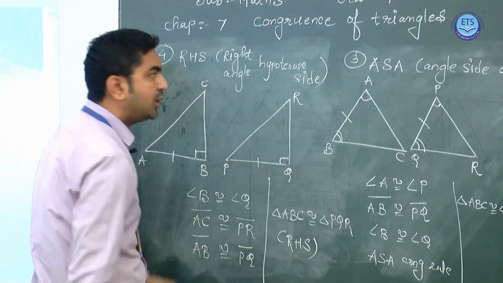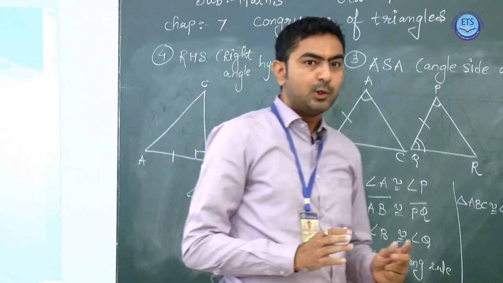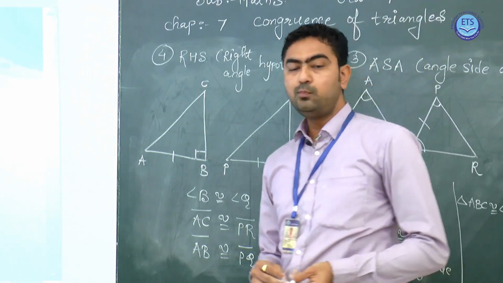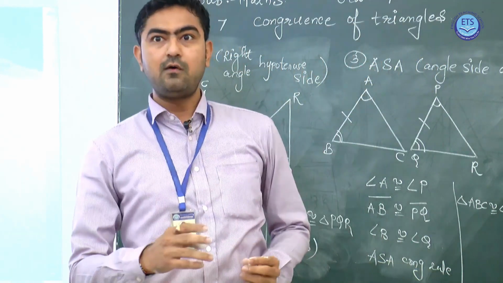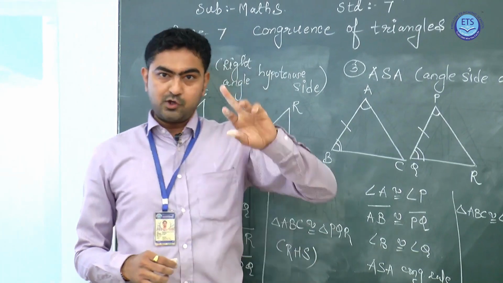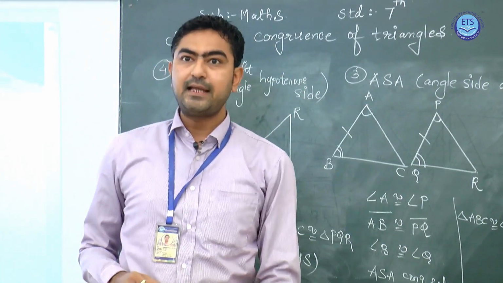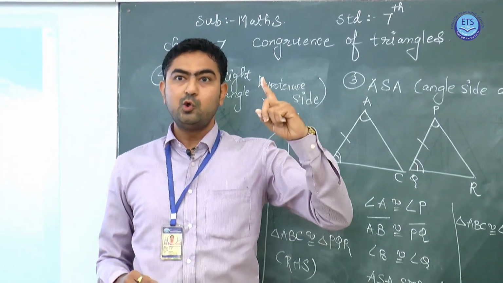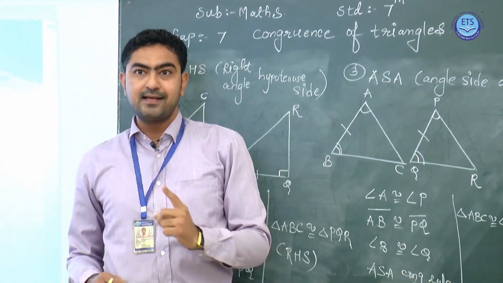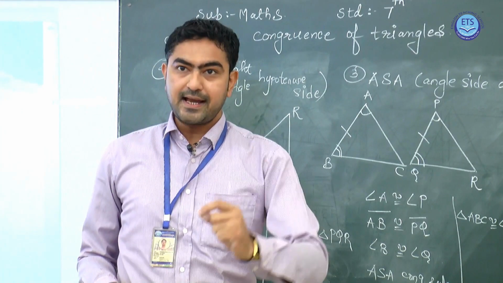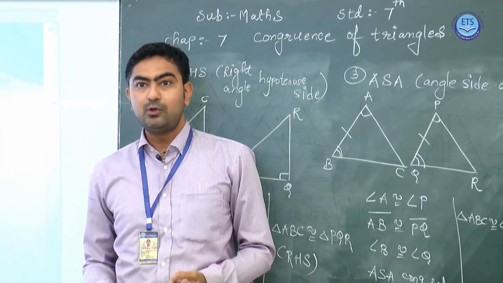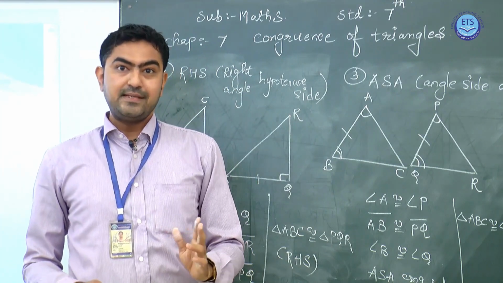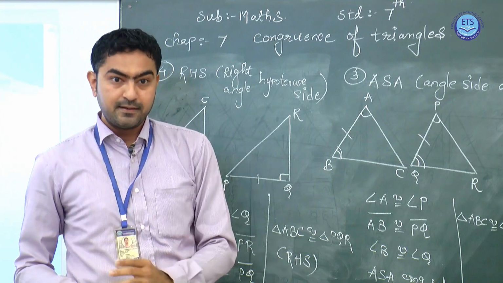So there are mainly a total of 4 criterion rules to prove the congruency of two triangles. First of all, let us shortly remember the 4 criterion rules. First rule, SSS, side, side, side. Second criterion rule, SAS, side, angle, side.